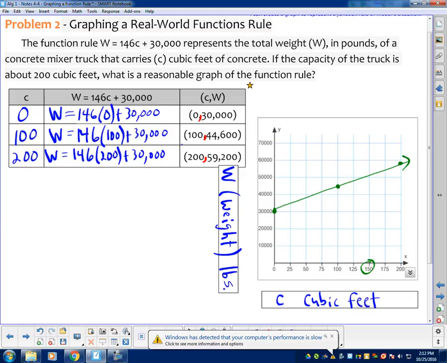Draw a little vertical line up to here and a little line over to the side. Where does that land? About 50,000 pounds. So if I have 150 cubic feet of concrete, it's about 50,000 pounds, or 25 tons. Yeah, that's how they measure it.